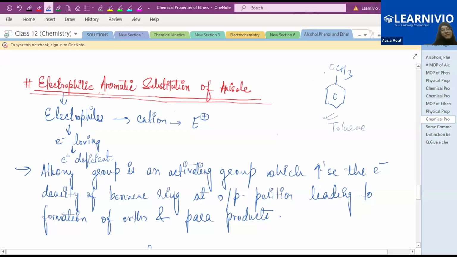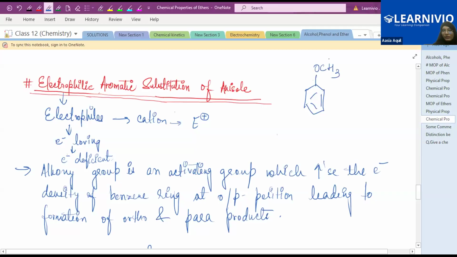So OCH3, methoxy group, benzene with a methoxy group, alkoxy group, that is your anisole. See the structure of anisole. So anisole is this benzene ring with an OCH3 group. This is your anisole.